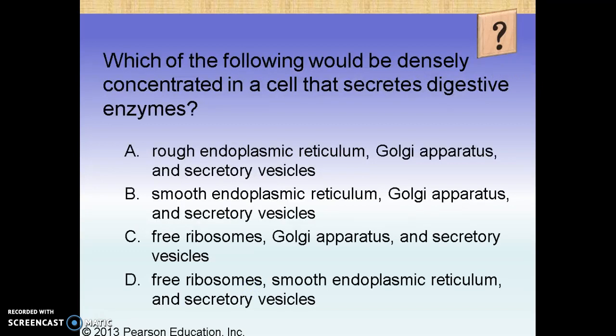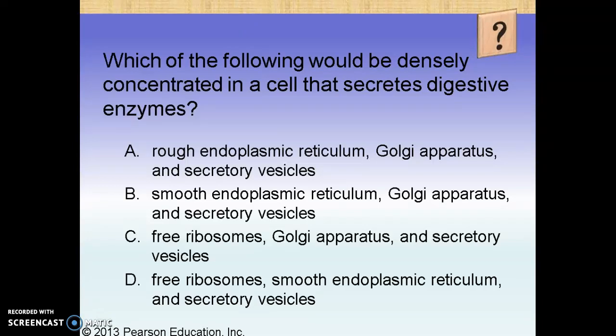Which of the following would be densely concentrated in a cell that secretes digestive enzymes? The rough ER to produce the enzymes, the Golgi apparatus to put it into a vesicle, and the secretory vesicles.